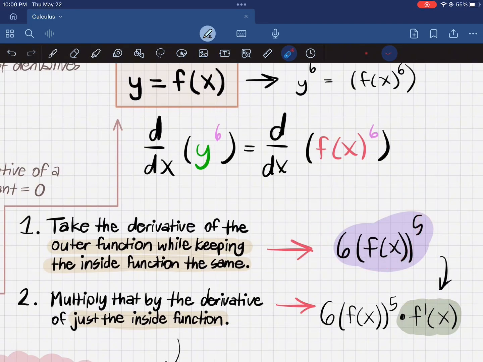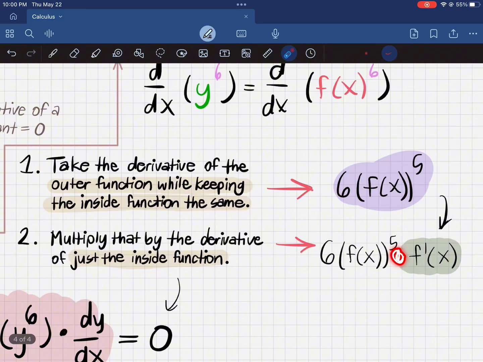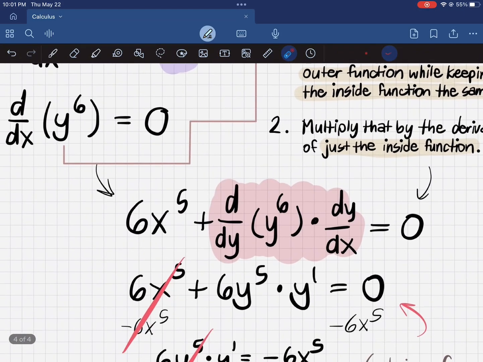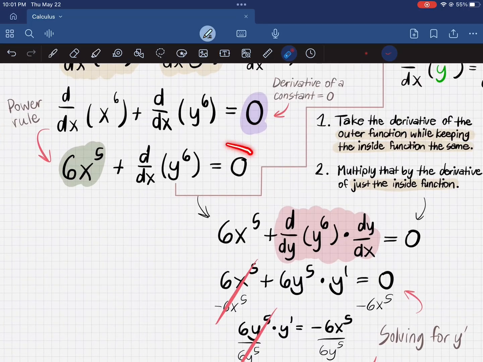Then we multiply that by the derivative of just the inside function, leaving us with this, which is f prime of x, or in our case, y prime.